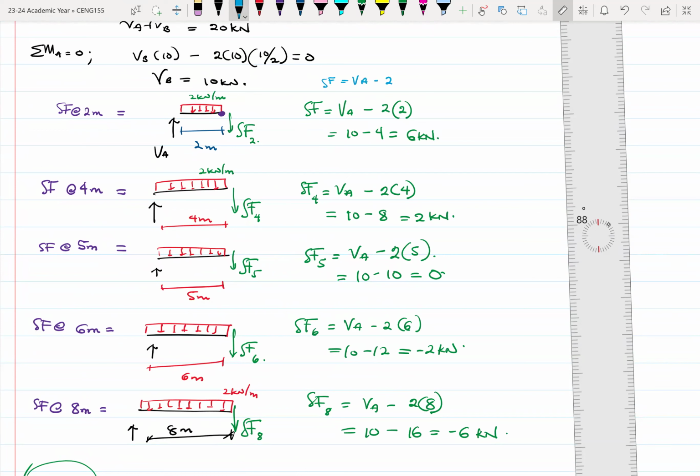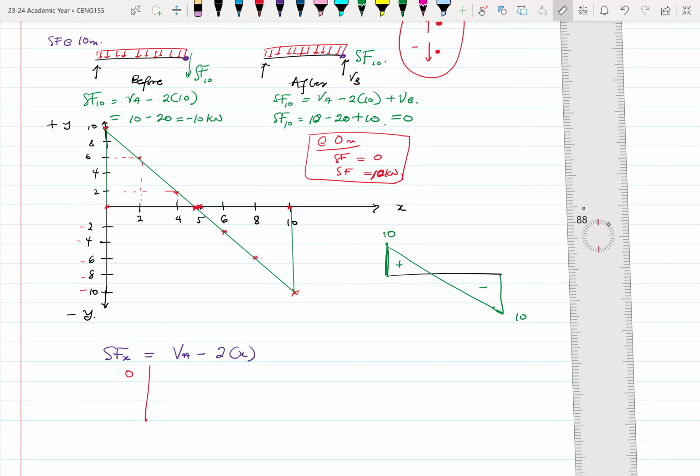All right. So let's change the value. So if X is 0, it becomes what? So this is X. It becomes VA is what? VA is 10. So it becomes 10 minus 2 times 0. So that'll give us what? 10 kilonewtons. That is correct.